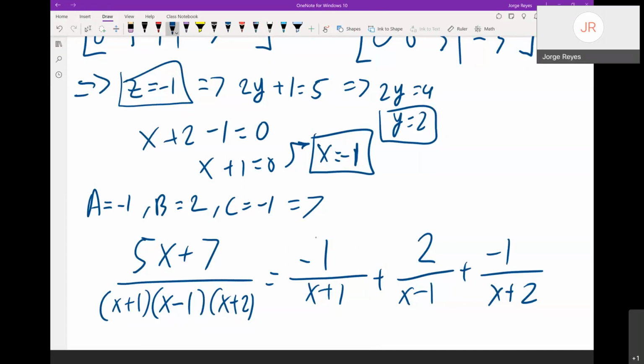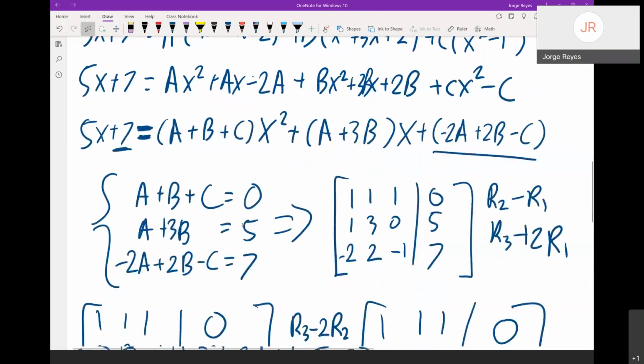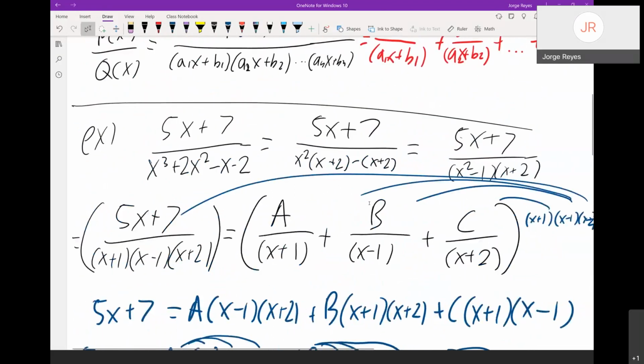And ta-da, you have found the partial fraction decomposition. This is how you're supposed to do it. This always works.